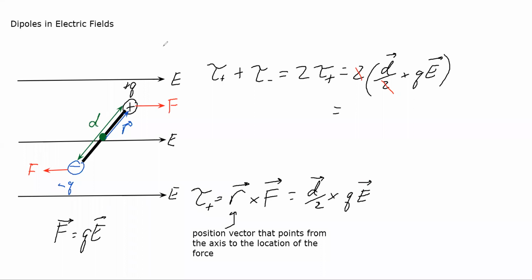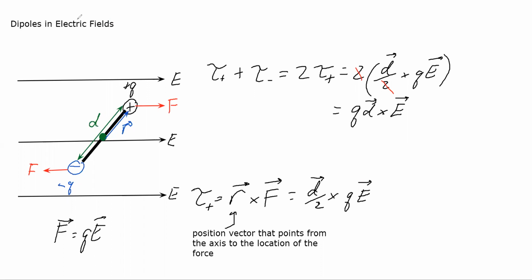Okay, so I'm going to rewrite this. This Q here is a scalar, so if I have a cross product here, I can move the scalar wherever I want. The cross product is a product, so we're multiplying. So I'm going to move the scalar to make QD, I'll show you why in a second, cross product E. And we saw that QD, charge times the distance between the two charges, is a dipole moment.